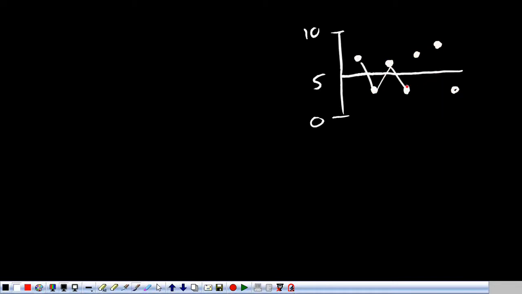Let's suppose that's a 6, and that is a 3, and that is a 5.5, and that is a 3, and that is a 6, and that is a 7, and that is a 2.5. Okay, got it? So what we can do is write down, this is point 1, 2, 3, 4, 5, 6, 7, 7 points.